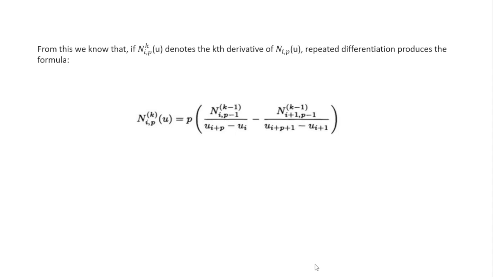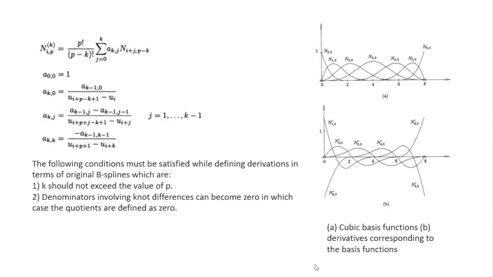From this we know that if N^(k)_i,p of u denotes the kth derivative of the B-spline function, repeated differentiation produces this below formula. These are the following conditions that must be satisfied when defining the derivatives in terms of original B-splines. k should not exceed the value of p, and denominators involving knot differences can become 0, in which case the coefficients are defined as 0.